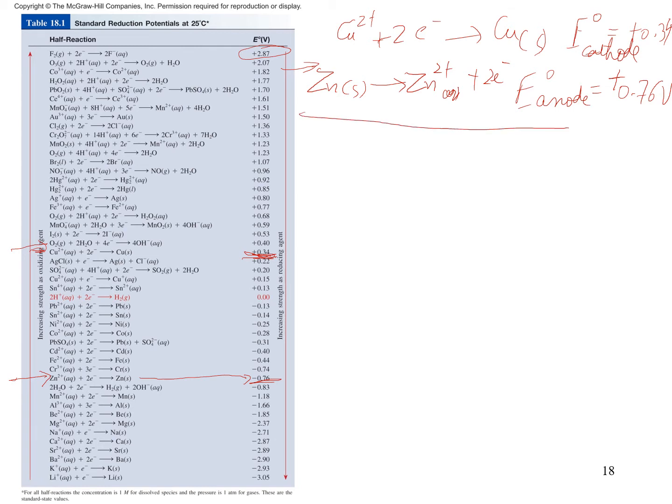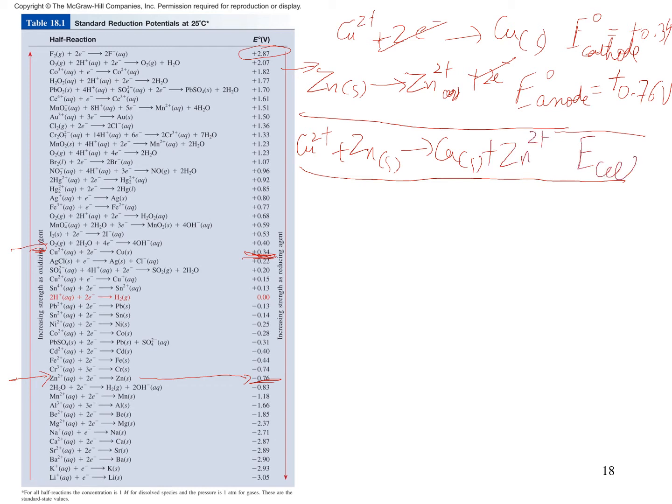Now, how would you add these cells? We make sure there are 2 electrons for each, so the 2 electrons cancel out. So the overall reaction is copper 2 plus plus zinc solid being converted to copper solid plus zinc 2 plus. And what would be E cell here?